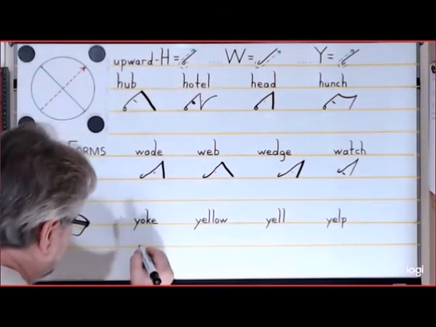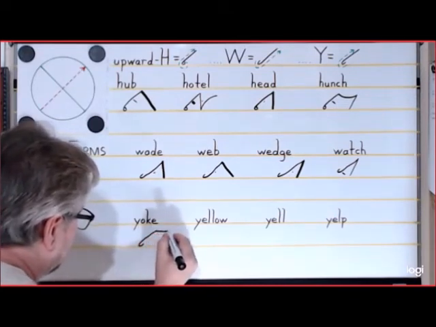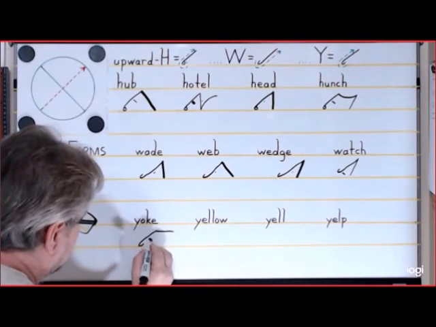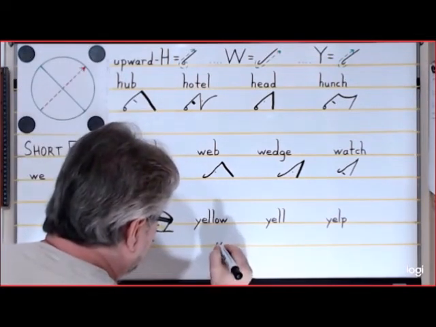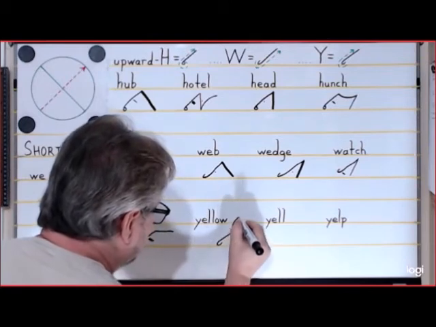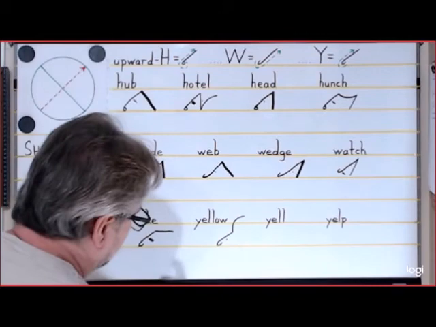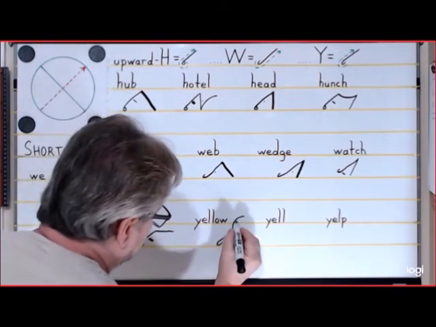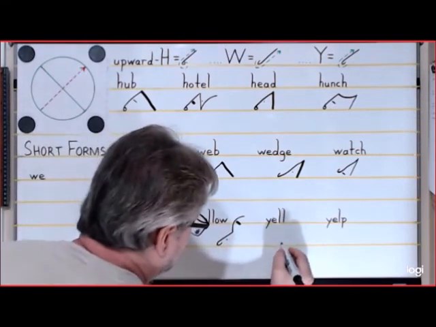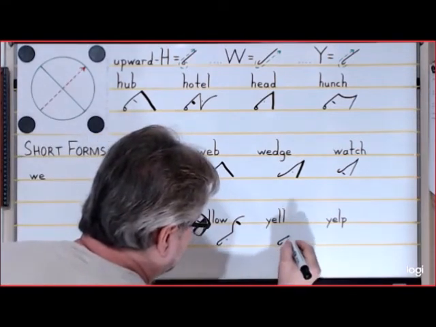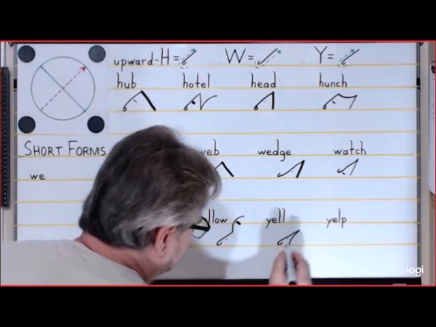The word yoke, it is a Y, then a K, and a heavy dash. For yellow, it is a Y and an L, and you'll put a dot here just after the Y, and then a heavy dash after the L. The word yell, it is a Y and a downward L, light dot here.